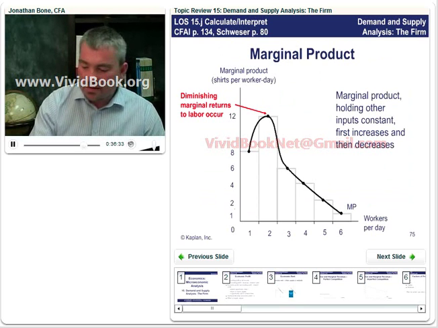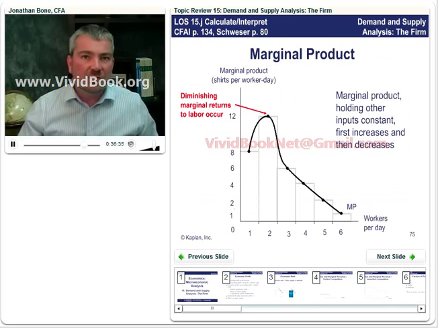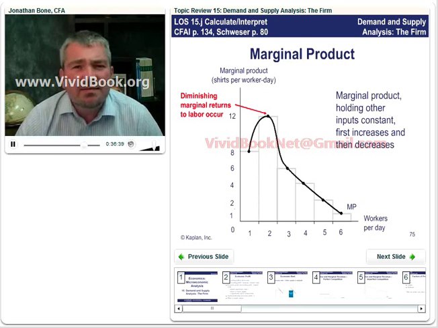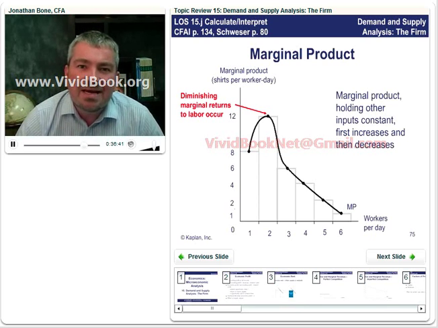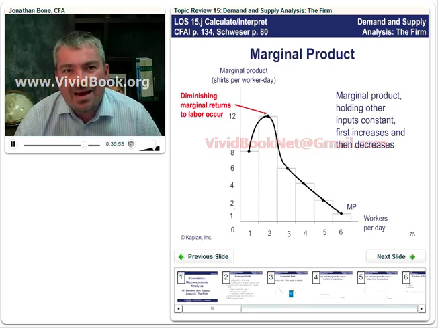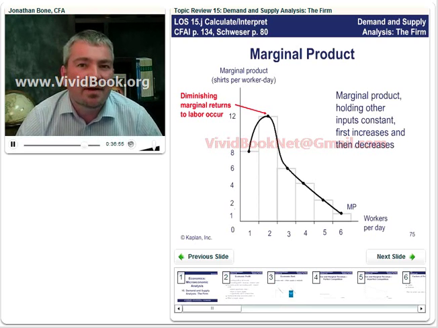Now let's start by having a look at our marginal product curves, the marginal product. Now we've kind of discussed this already. Notice initially when we increase our labour, the marginal product is increasing. 1 worker produced 8 units, but the additional worker produced 12 units. So we've got an increase in the marginal product of labour from 1 unit to 2 units.